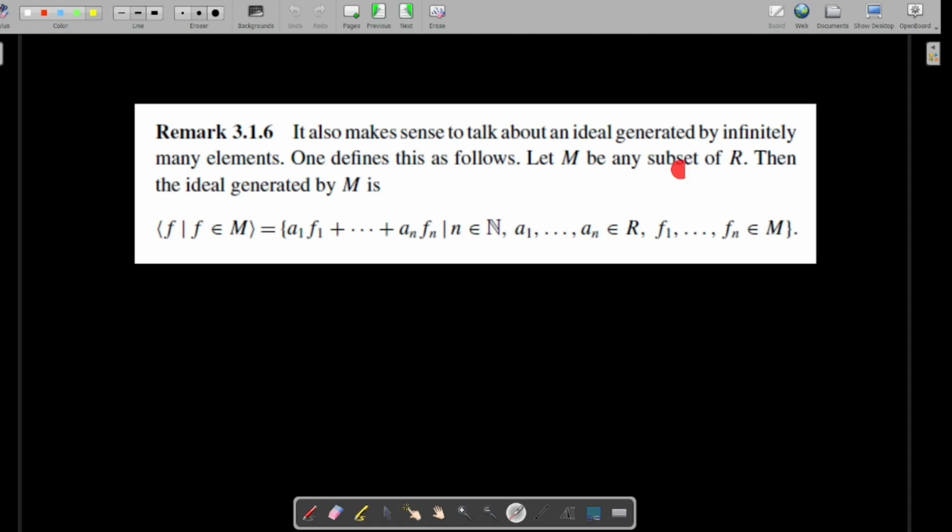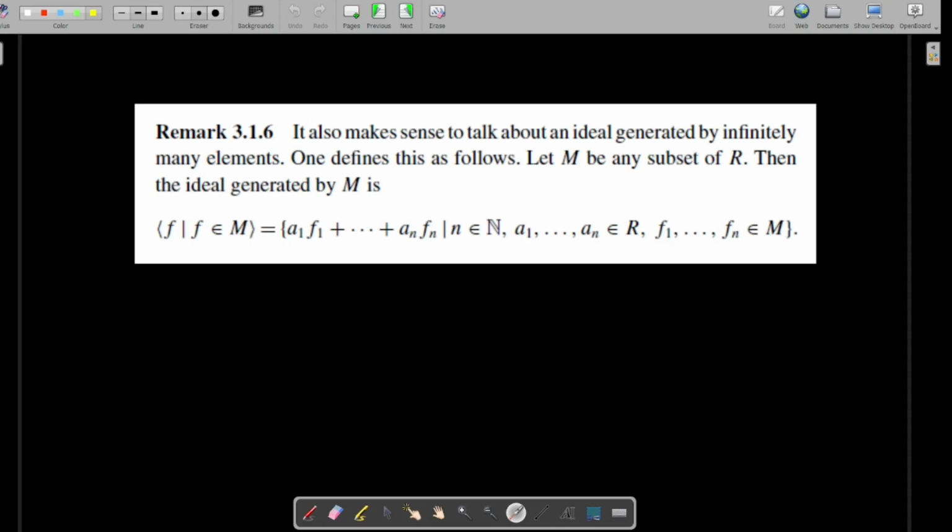Suppose capital M is any subset of R, not a finite set, and we are considering finite sums, that is a1 f1 plus a2 f2 plus ... plus an fn, where a1, a2, ..., an belong to R and f1, f2, ..., fn belong to M. The set of all such linear combinations of f1, f2, ..., fn generates a particular ideal.